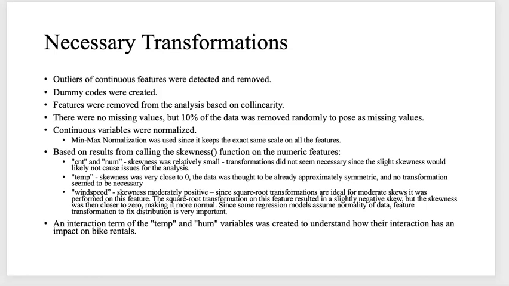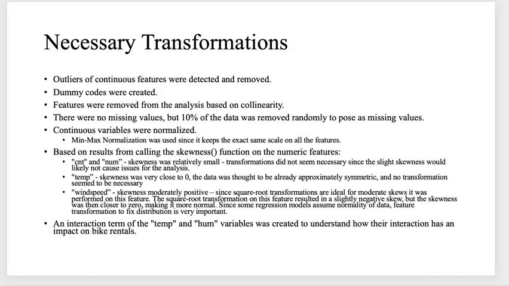For the wind speed variable, the skewness was moderately positive, so it was decided to do a square root transformation on this variable since it is ideal for moderate skews. After performing the transformation, the skew became slightly negative, but it was closer to 0, so it was more normal than it was previously.